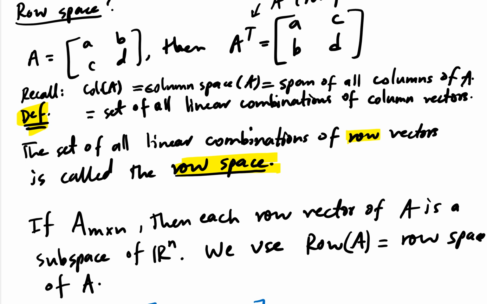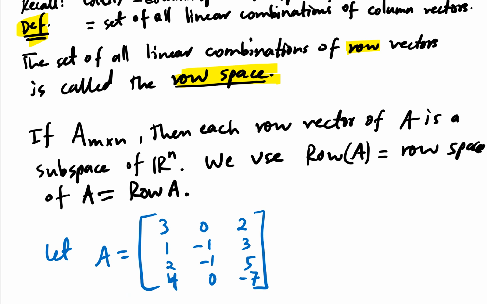And we will show you how to use this later on. We use Row A to represent the row space of A, or some people just write it without parentheses. We're going to learn how to find the row space of a matrix today.